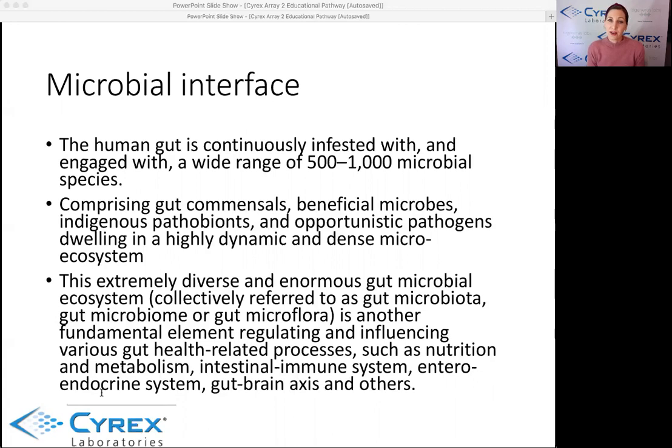And they are all living in a highly dynamic and dense microecosystem, which is collectively referred to by the names gut microbiota, microbiome, or microflora. And this ecosystem regulates and influences various gut health related processes, including our metabolism, nutrition, immune system, enteroendocrine system, the gut-brain axis, and many more besides.